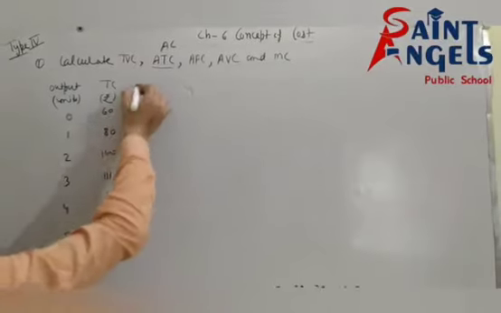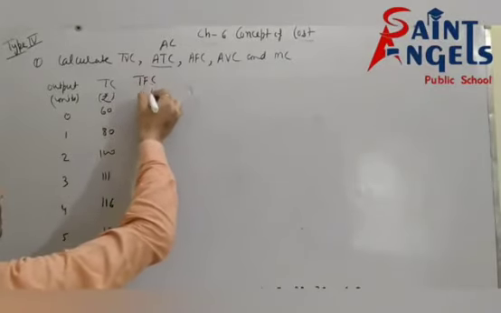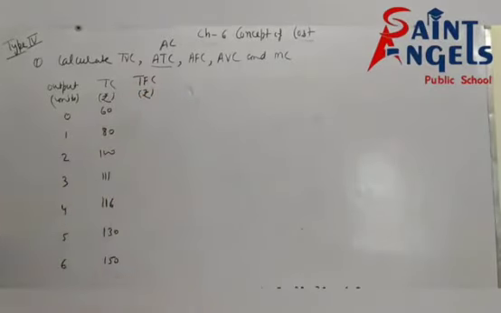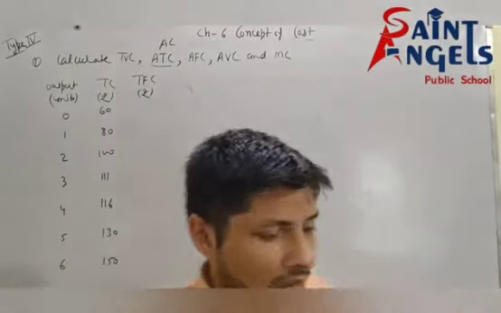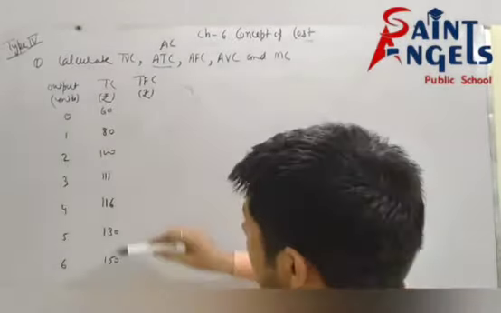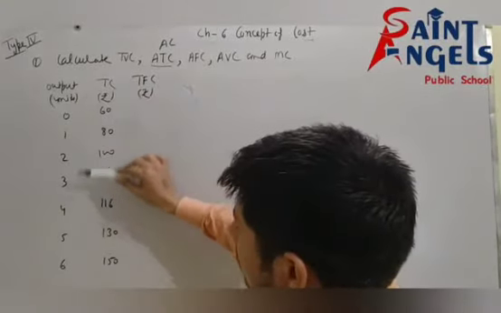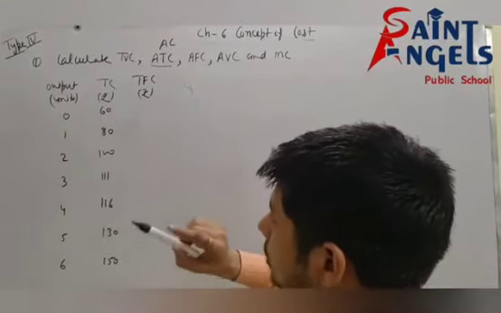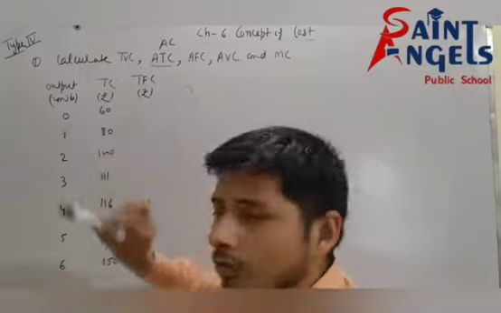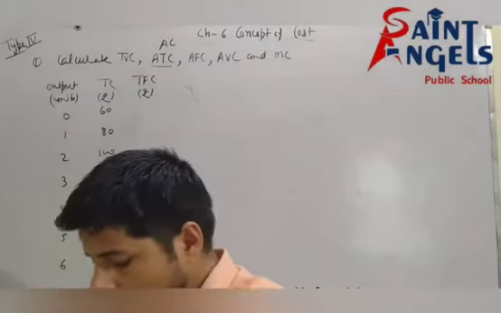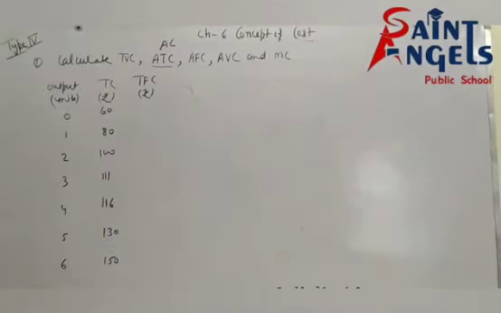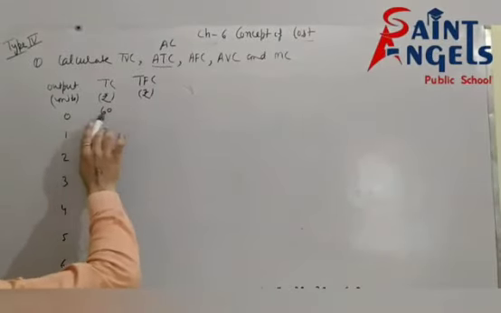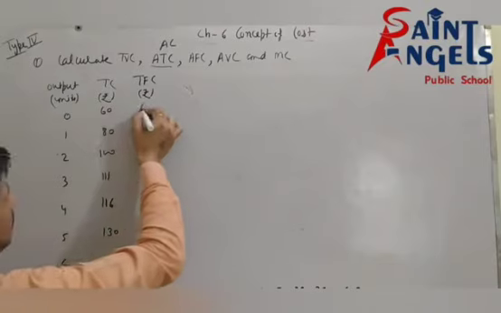How will you calculate TFC? Because no information is given here, please see this table. You know that at zero level of output, TC is equal to TFC, so at zero level of output TC is equal to 60, so TFC will be 60.